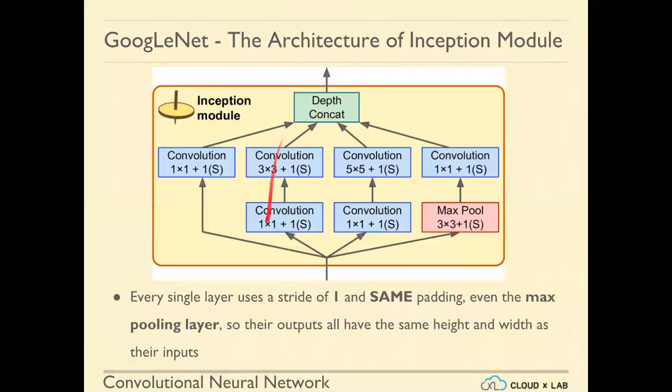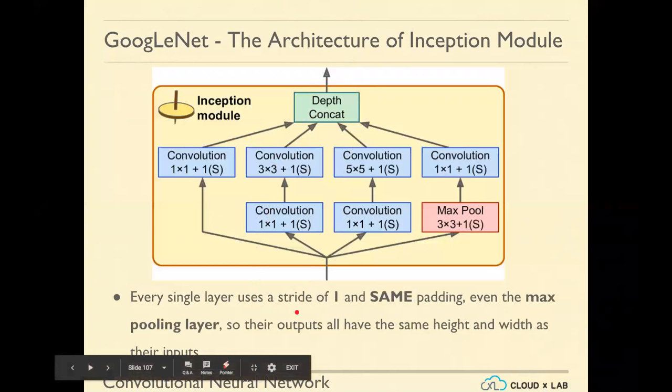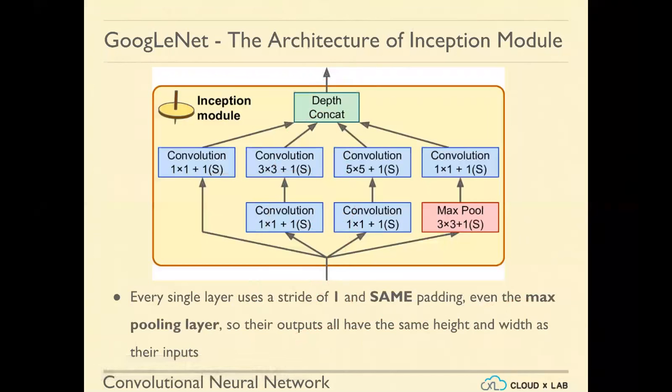Great. Now, every single layer uses a stride of 1. Okay, you can see, and same padding, even the max pooling layer. So it outputs the same height and width as its inputs. Okay. So they are concatenated.